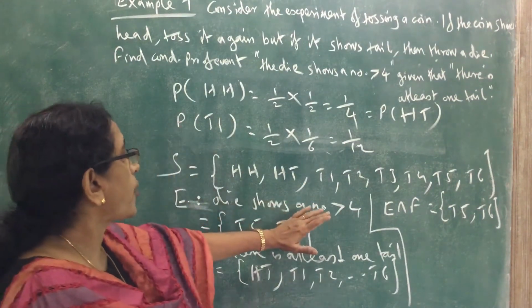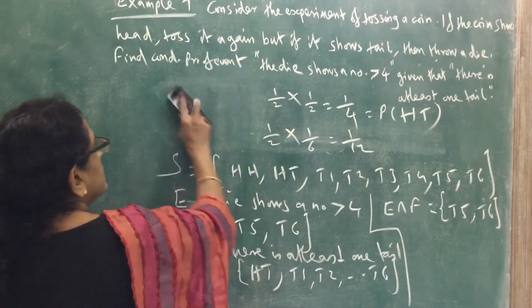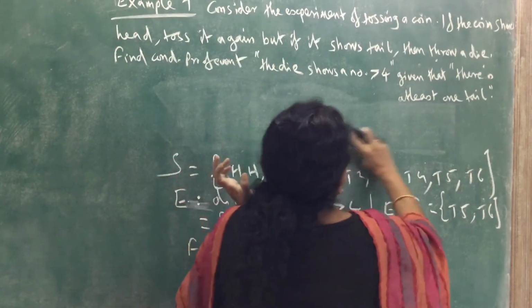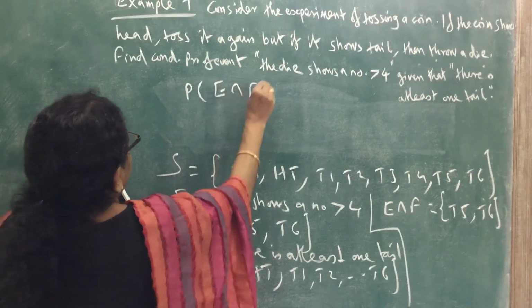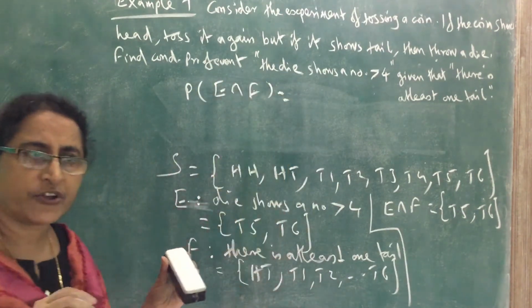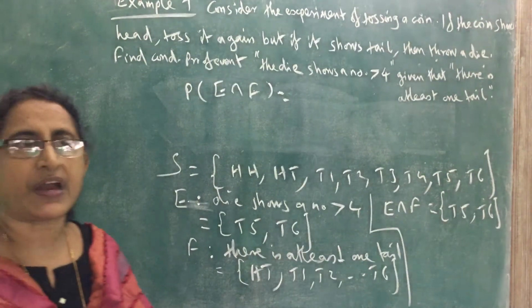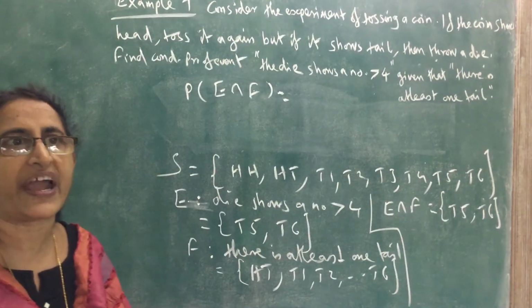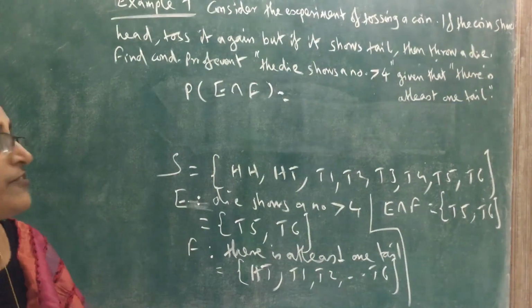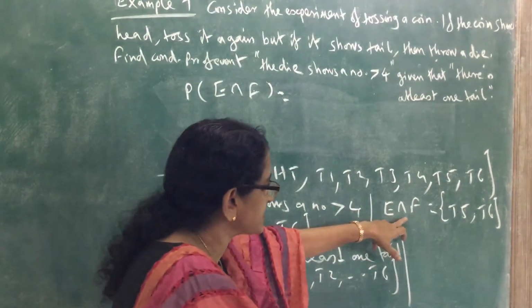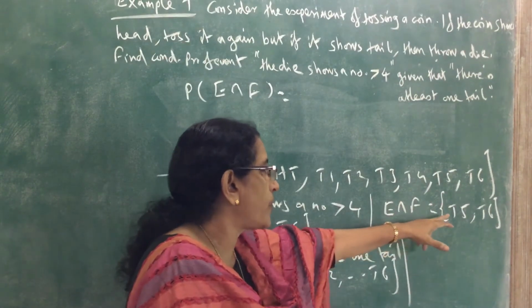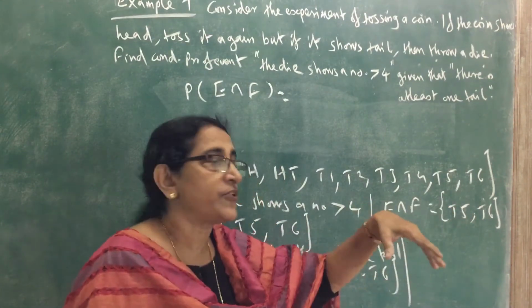Now we find the probability of E intersection F. We want to find the probability of E given F. For that we have to find the probability of E intersection F and the probability of F. So separately we will find the probability of E intersection F. This is E intersection F, so we have to find the probability of T5 plus the probability of T6.